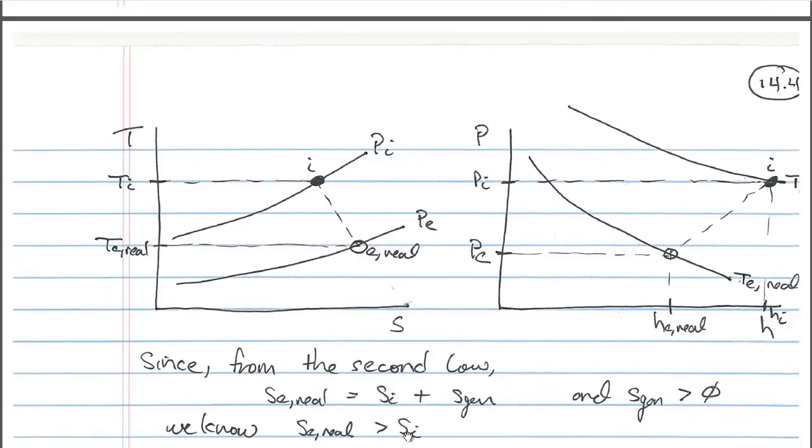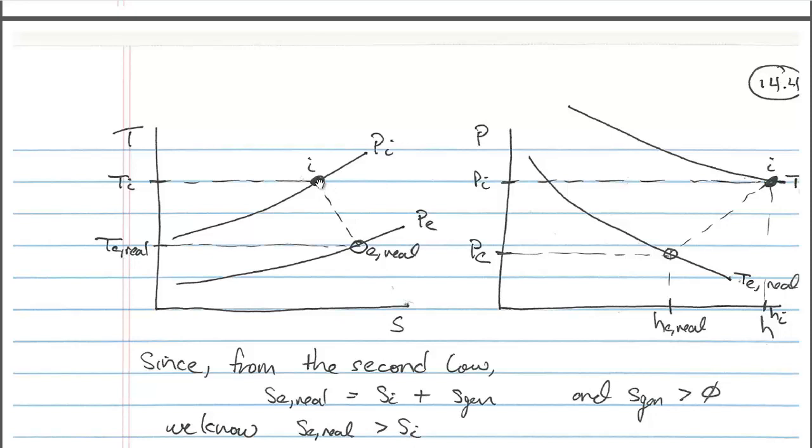How do we know that? Well, our second law equation tells us that S_E real is equal to the inlet entropy plus the entropy generation. And since entropy generation is greater than 0, that tells us that exit entropy for the real device is greater than the inlet entropy. Let's go back to our TS diagram.